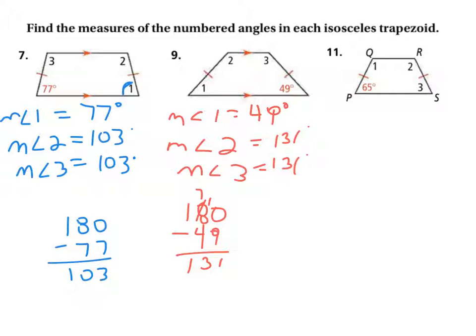Okay, and here for this third one, we've got the measure of angle 1, the measure of angle 2, the measure of angle 3. And we know that the measure of angle 3 is the same as its other matching base angle of 65 degrees.